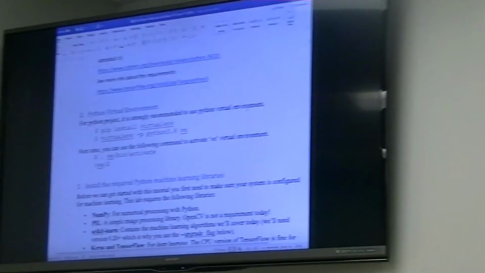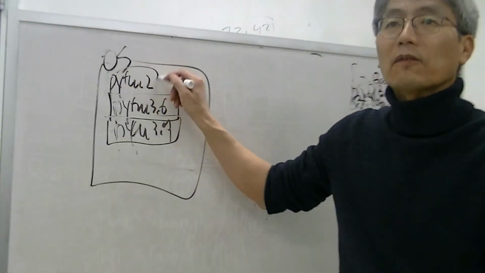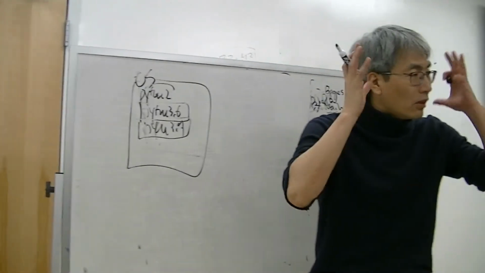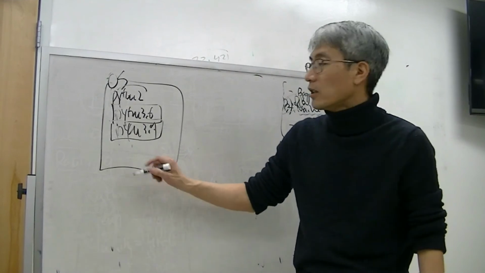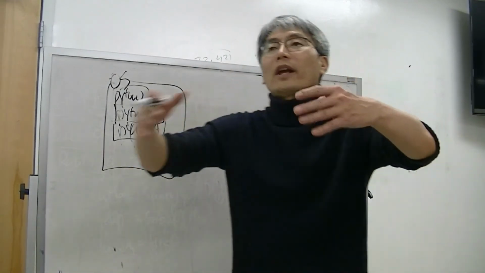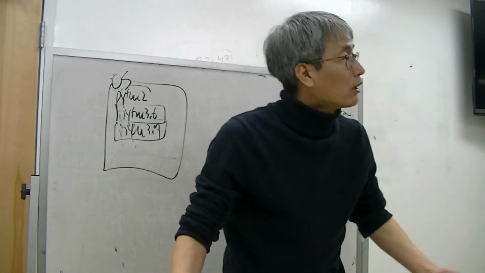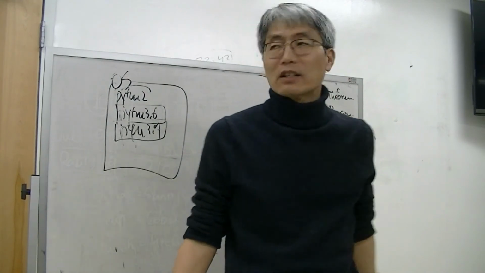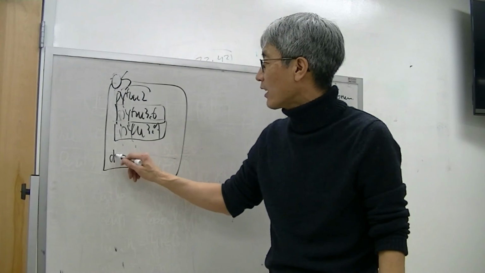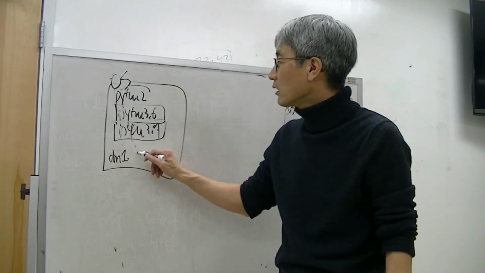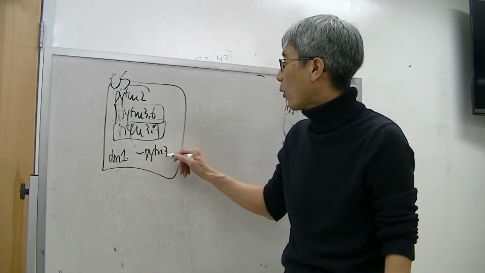Sometimes your project A needs 3.6, and project B needs a different version. So it's really confusing and messed up. A virtual environment lets you create a separate working environment.